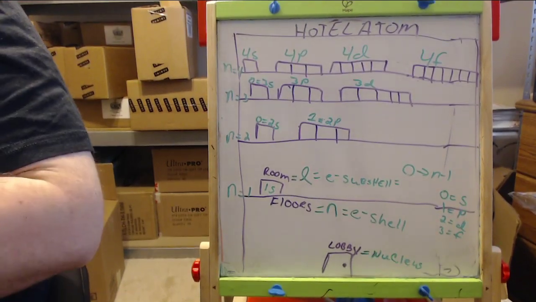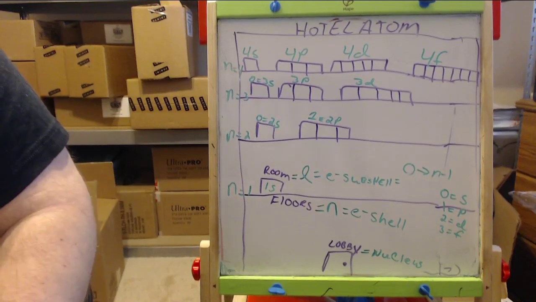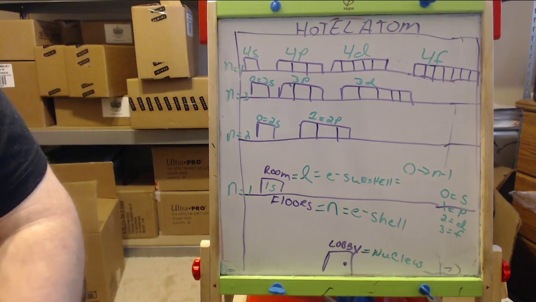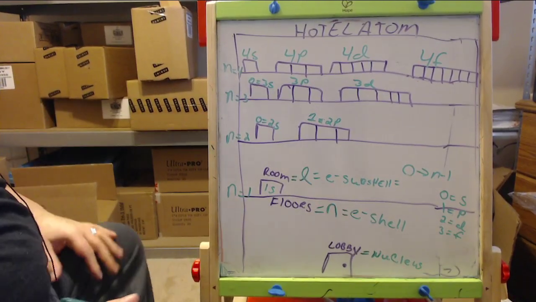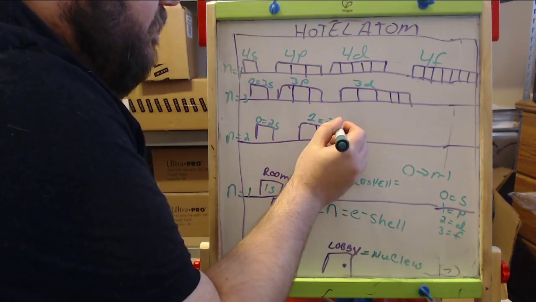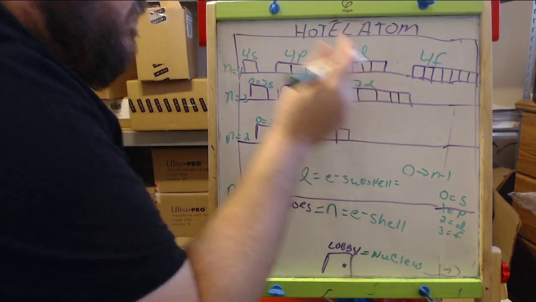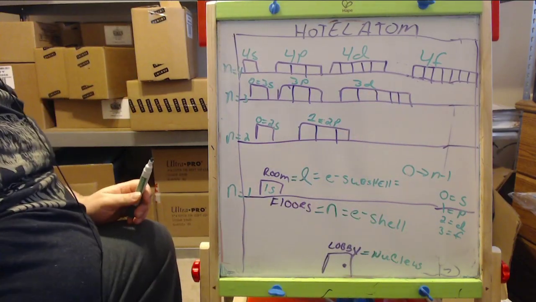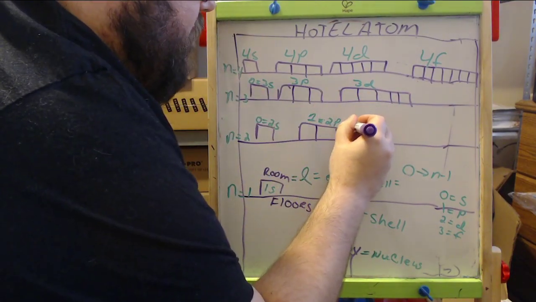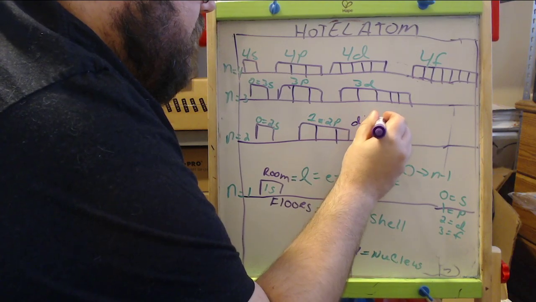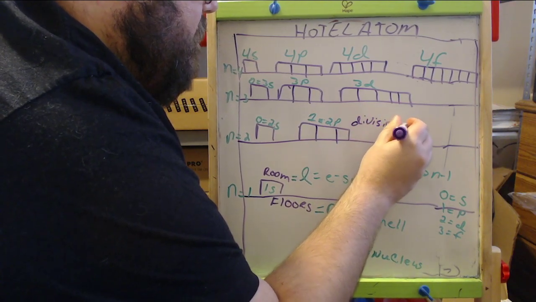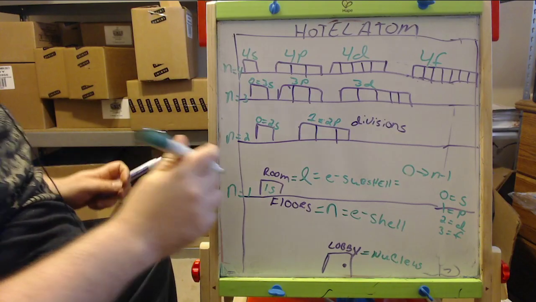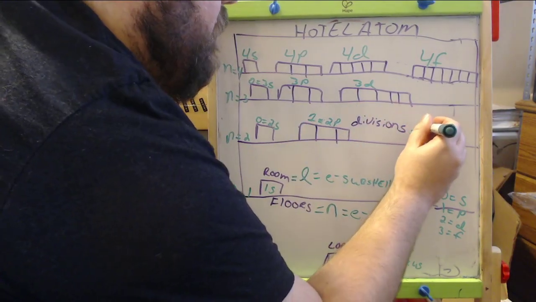If not, then our next quantum number deals with the number of divisions. Deals with the room breakdown. Okay, we call these the orbitals.